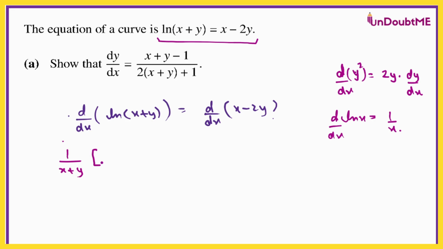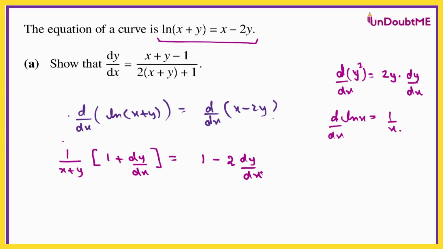Then we have to use the chain rule. Differentiation of x will be 1, differentiation of y is dy by dx. On the other side, differentiation of x is 1, minus 2 dy by dx. It will be just dy by dx multiplied by 2, obviously.